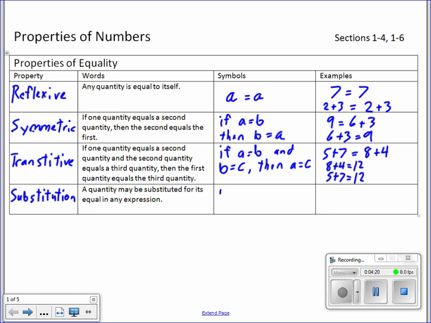If A equals B, then A may be replaced by B in any expression.